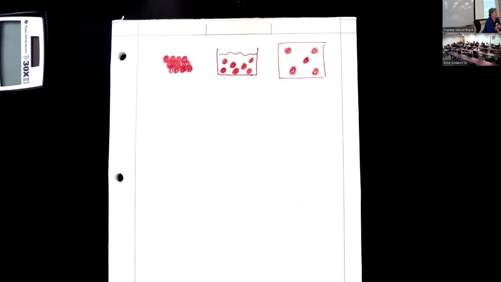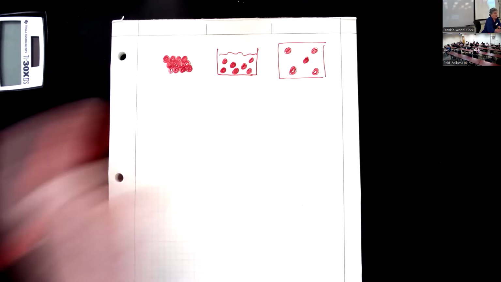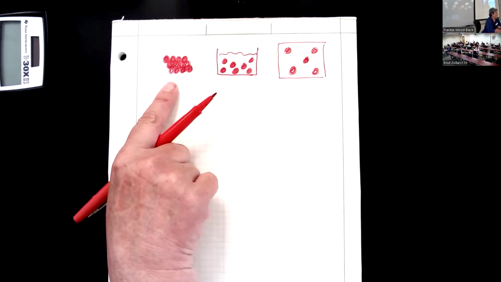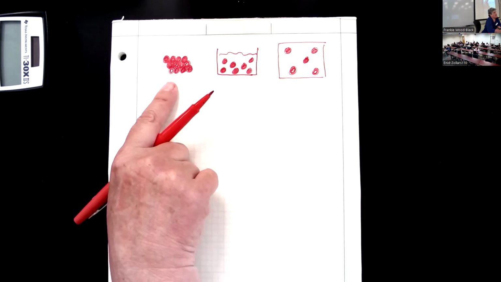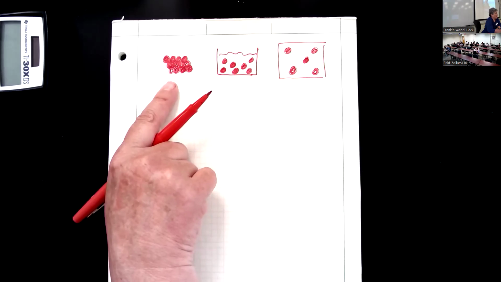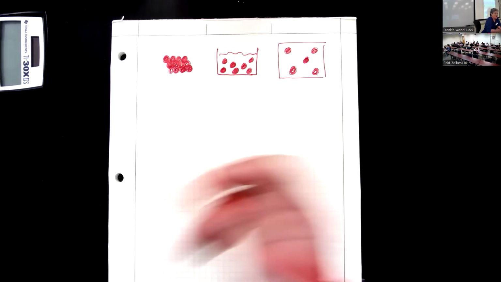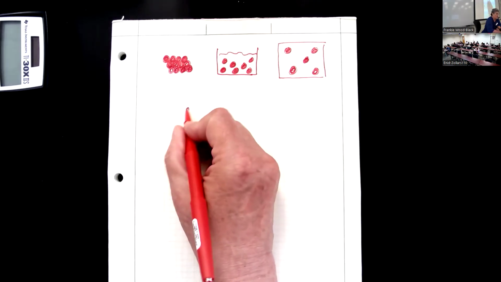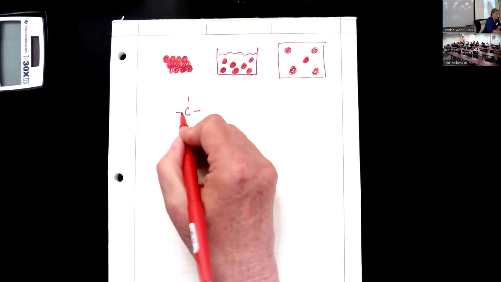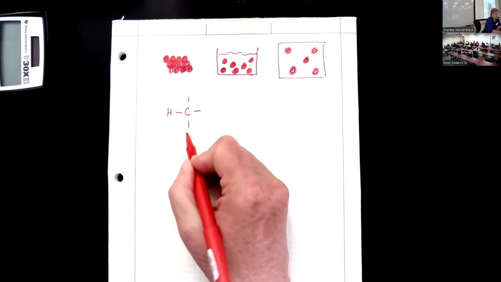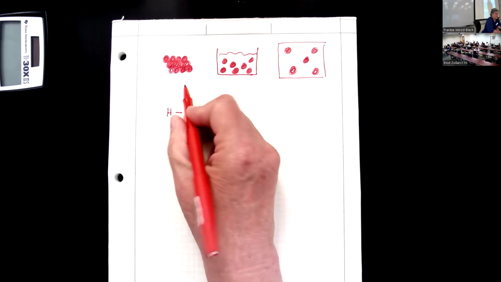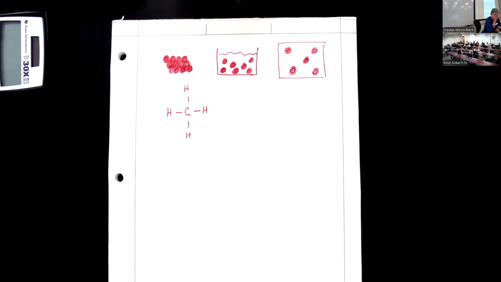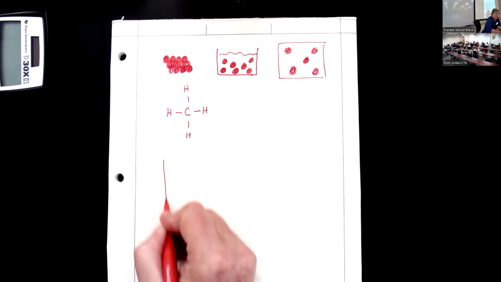So when we represent our atoms, we're going to do it as a space filling type model. You may see them in a variety of other ways. We may also do stick, where if I want to do methane, here's my carbon, and I can represent methane like this. That will use our atomic symbols and our periodic table.